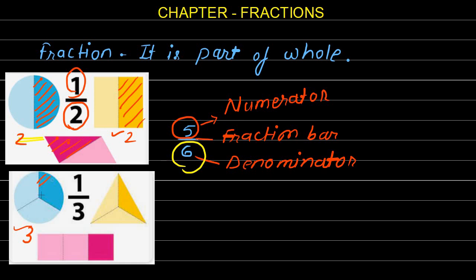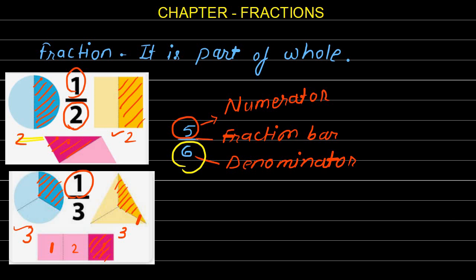Only one part is shaded, right? Now in this triangle, how many total parts are there? 3, correct. And how many are shaded? You can see this dark yellow part is shaded. Out of 3, one part is shaded. In the third figure also, out of 3 parts, 1 is shaded, and this is our fraction 1 by 3.